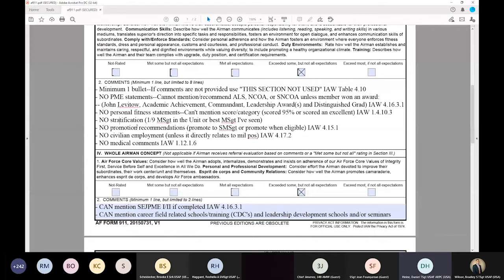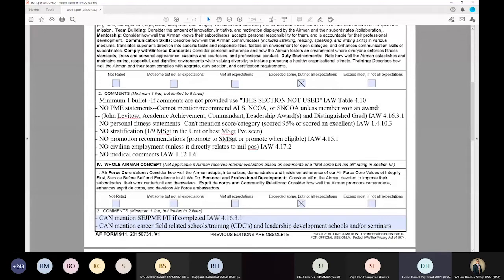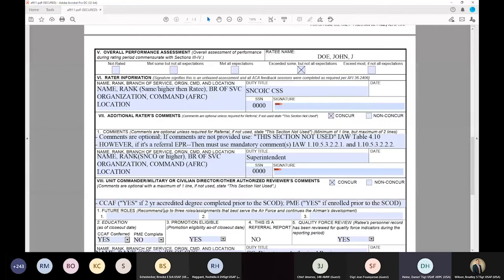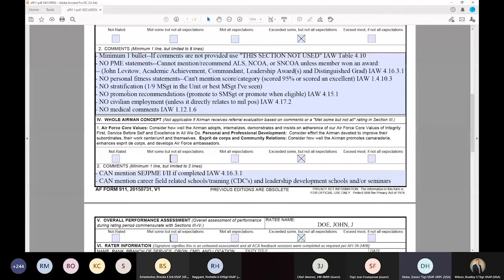Cannot be stratified in any section other than one that I will mention later on the report. So in the actual performance sections, on the front page and then on 2 of the sections on the second page, they cannot be stratified. But I will mention one that is acceptable on the Air Force Form 911.